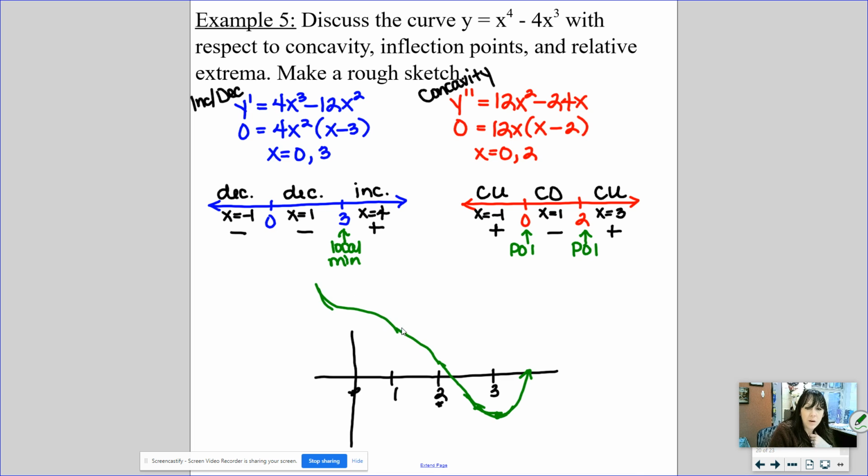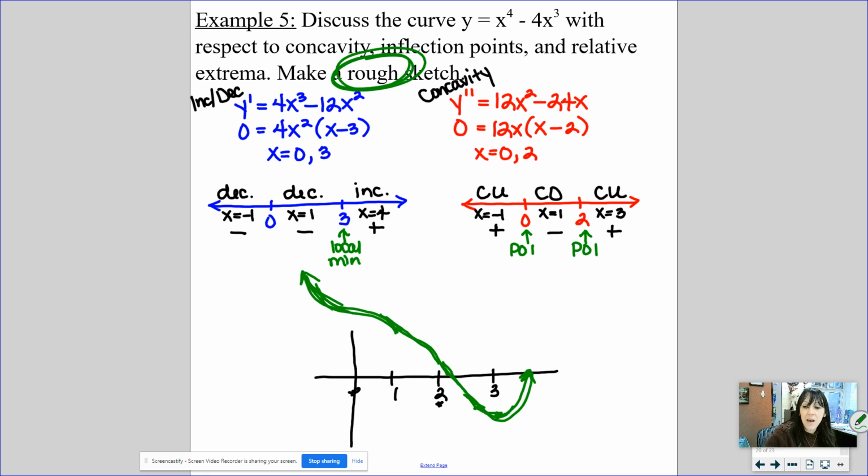So that might be good enough. It's not great, but it works. So we kind of go bowl shaped up here, switch to concave down, and then back to concave up. Again, rough sketch. It's going to be the name of the game.